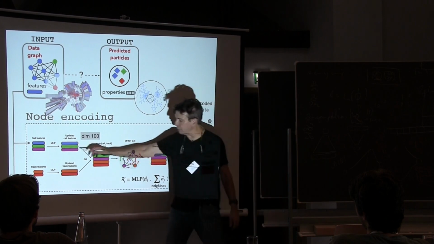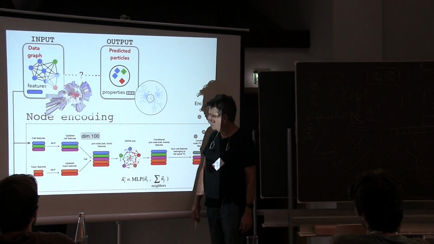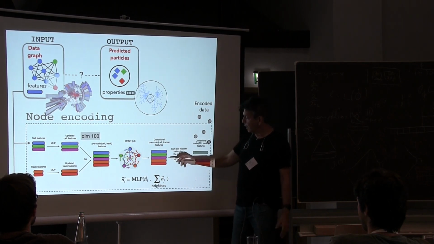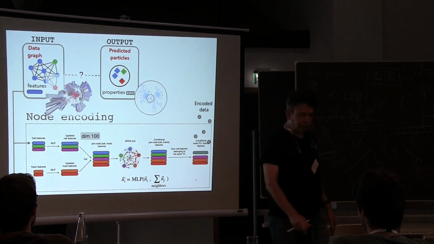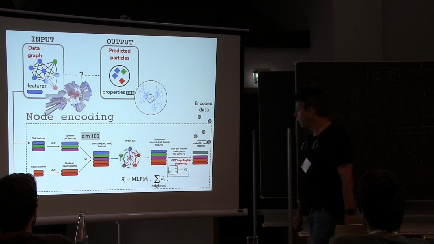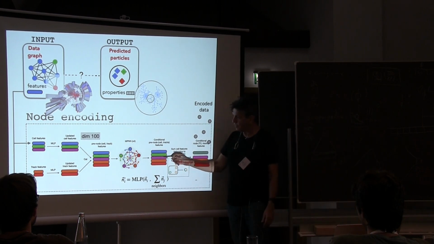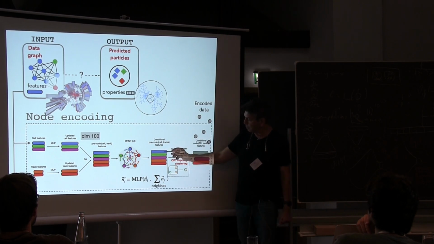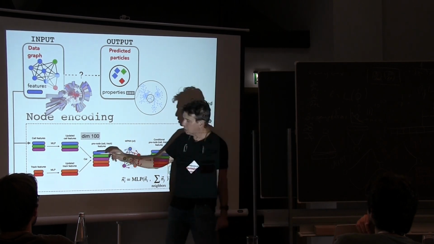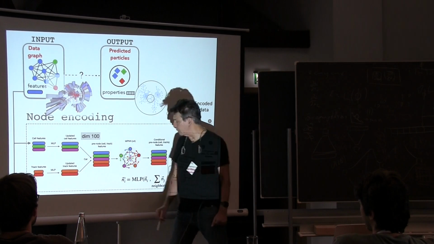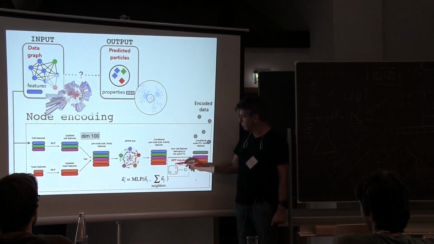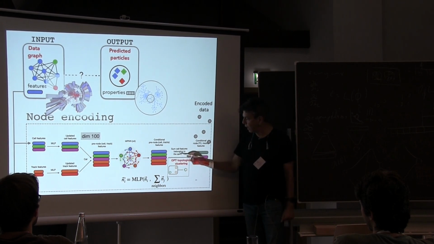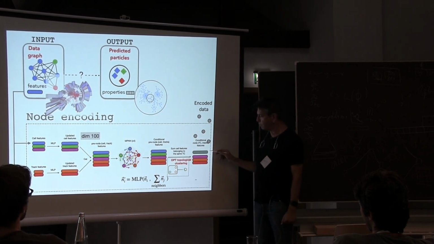I know where they came from, so I can tell, if I want, which of the cells came from the same topo cluster. For example, the first two belong to the same topo cluster, so I can combine them. And then I have now the representation of the topo cluster.